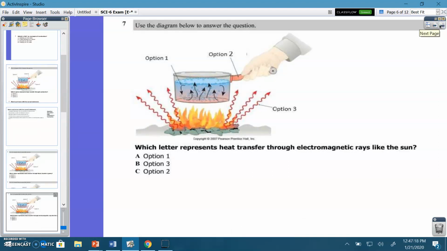Number 7, use the diagram below to answer the question. Which letter represents heat transfer through electromagnetic rays like the sun? Option 1, A, B, option 3, or C, option 2.